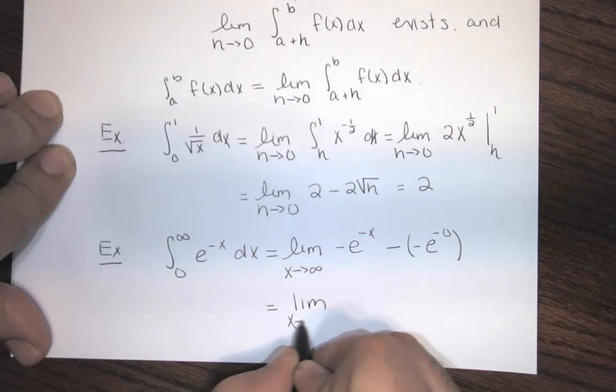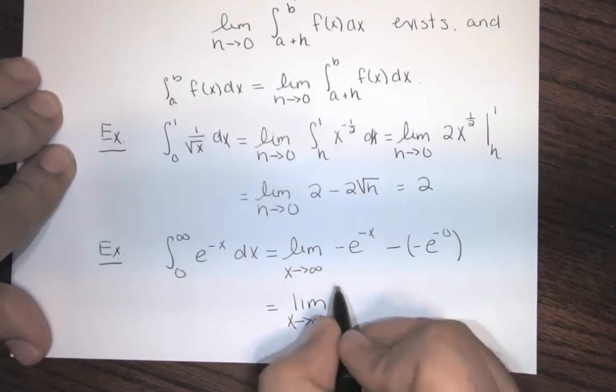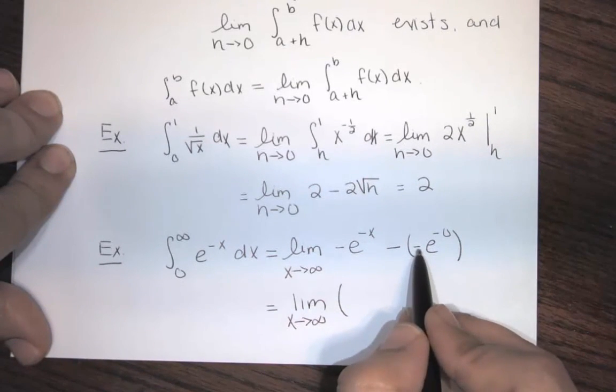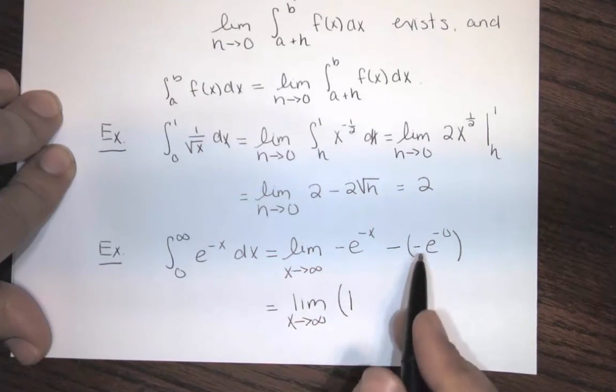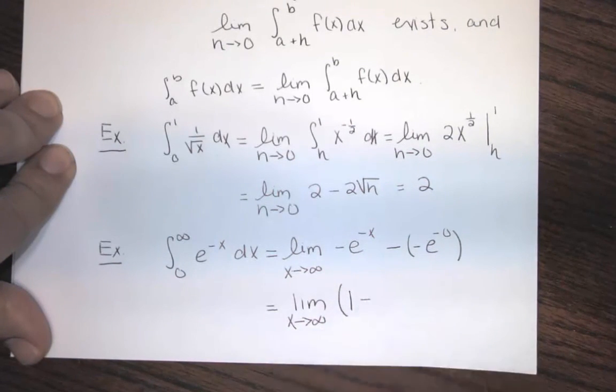This is the limit as x approaches infinity, minus, of course, e to the 0 is 1, so that's a positive 1 minus.